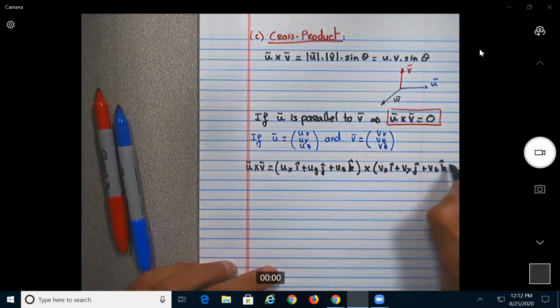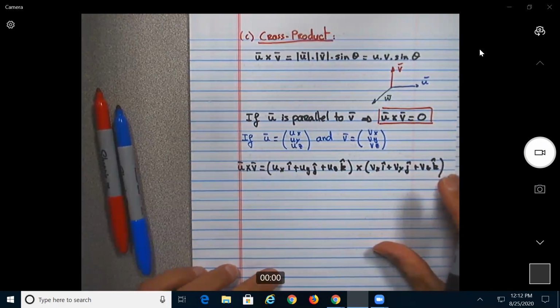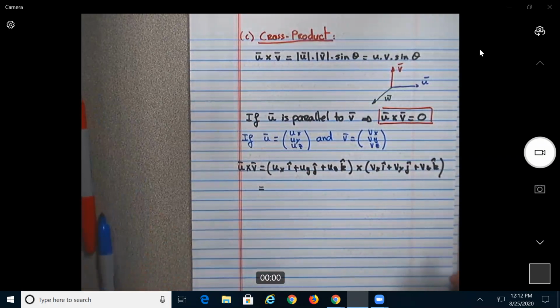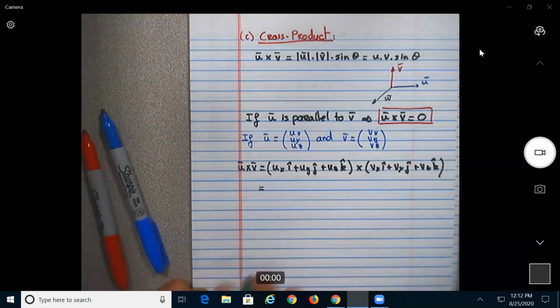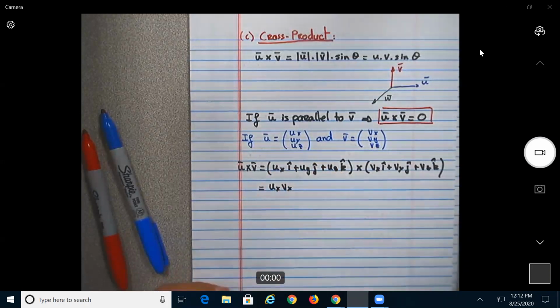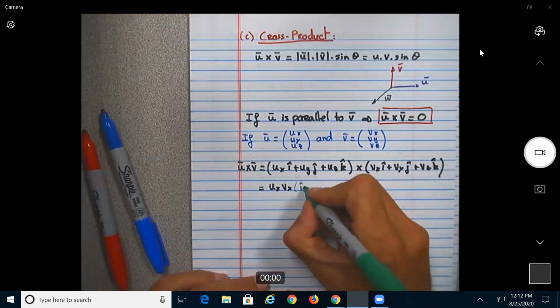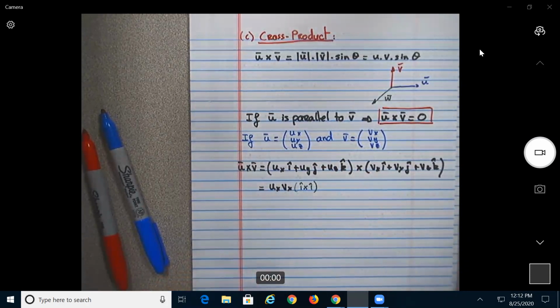Because a vector has magnitude and direction. So this should give you what? It would be equal to Ux Vx times what? I cross I, okay? Which is equal to what?